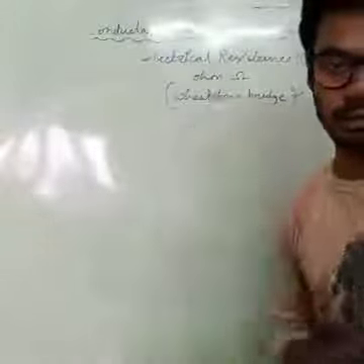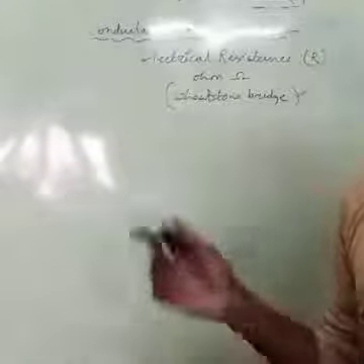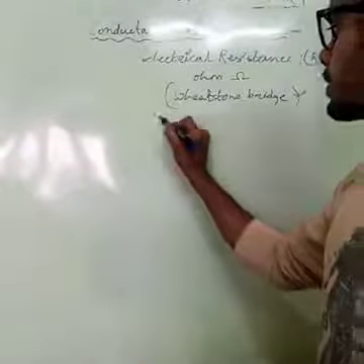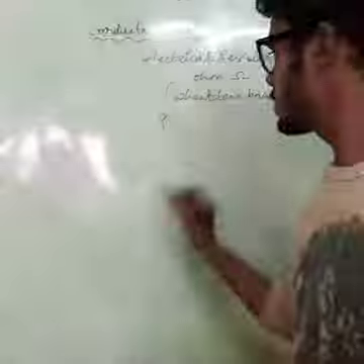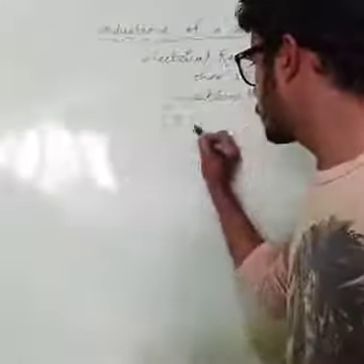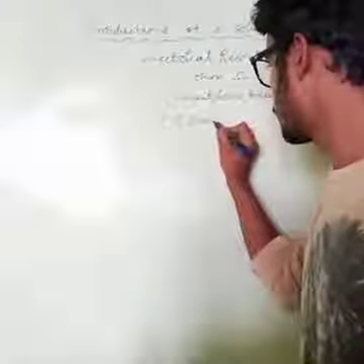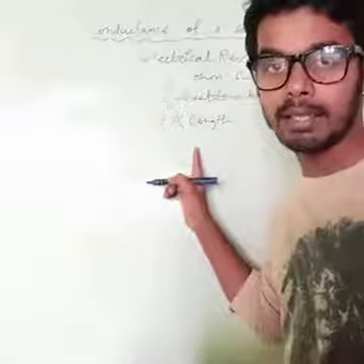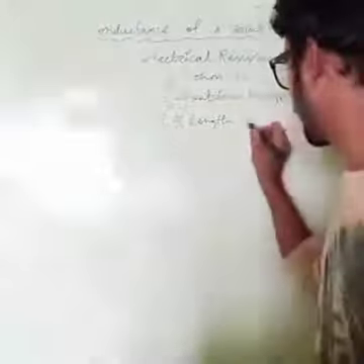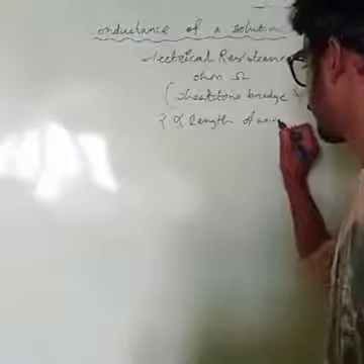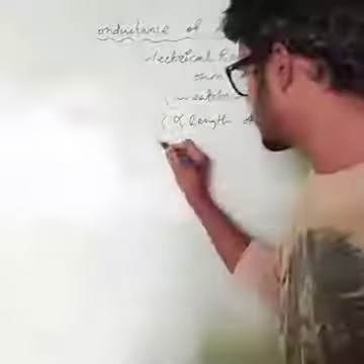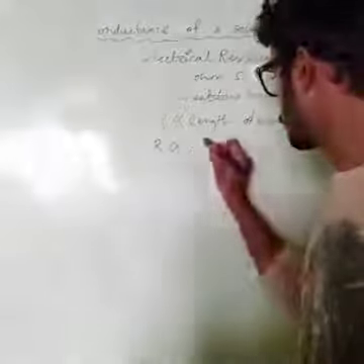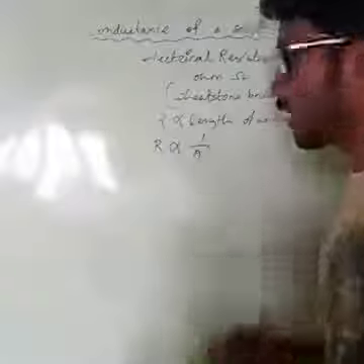So we know that resistance is directly proportional to length. Resistance is directly proportional to what? Length of wire. And we know that resistance is inversely proportional to the area of wire.